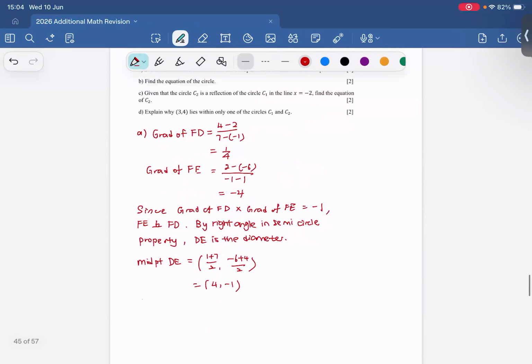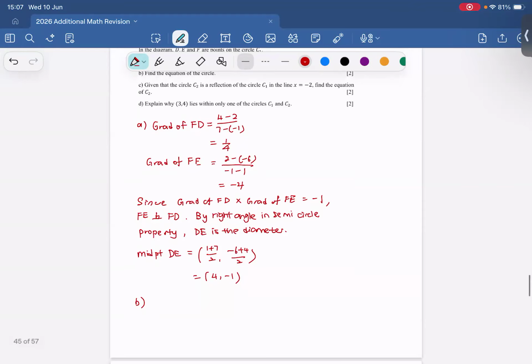Okay, part B, how to find the equation of the circle. To find the equation of the circle, you just need to find the radius. Okay, you have the radius, you have the center, you can form your equation. So now we find the radius.